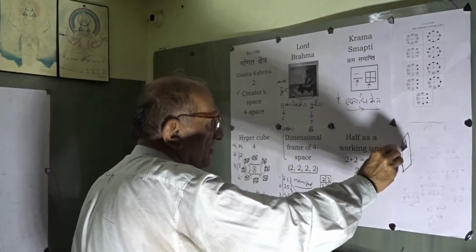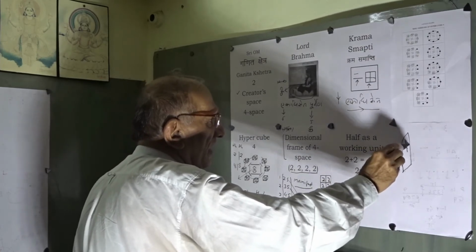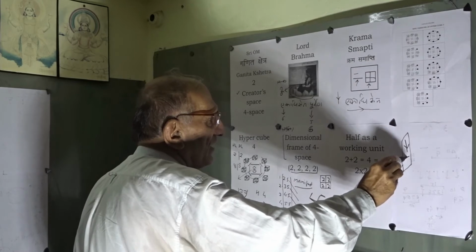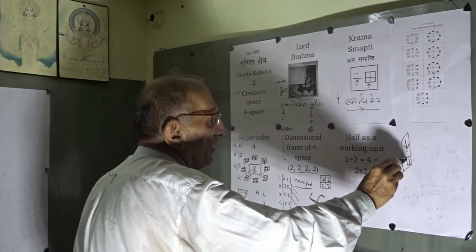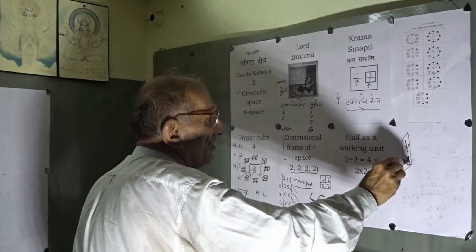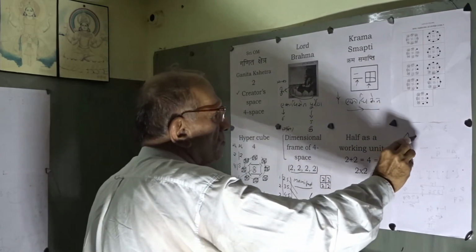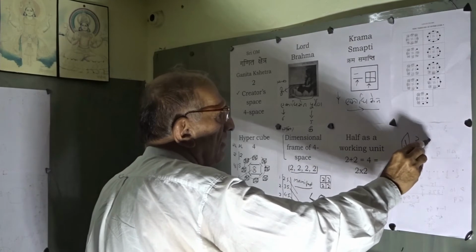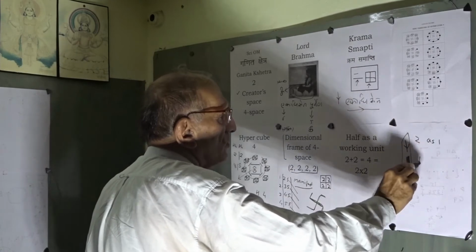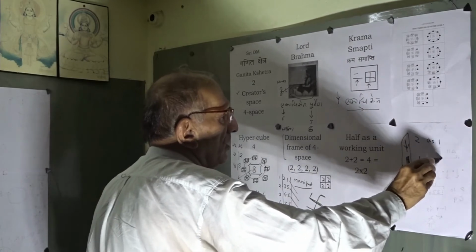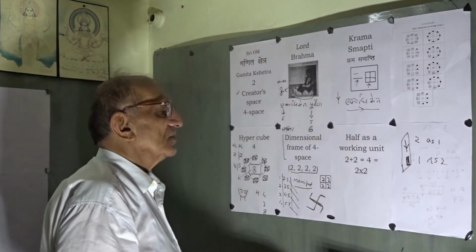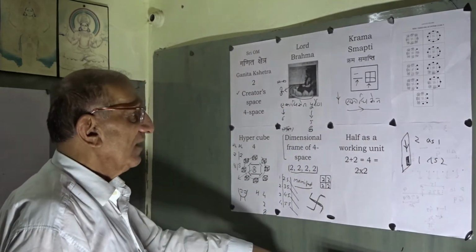It is progressing like a line and it is progressing like an area. So linear units and spatial units are both available here. So we can use 2 as 1 and also we can use 1 as 2. It is this feature which deserves to be comprehended well.